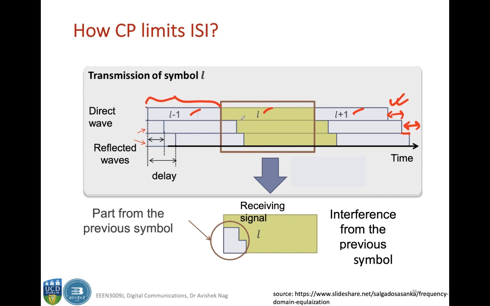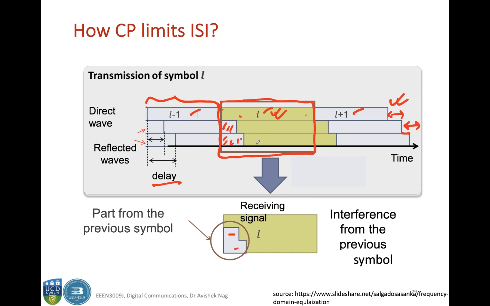Now when you are receiving the signal L, imagine that this is the receiver window. You are just observing the symbols present in this block, which is denoted as L. In this window, because of the reflected waves and the delay, you will have some portion of the reflected signal, which is part of the previous symbol.